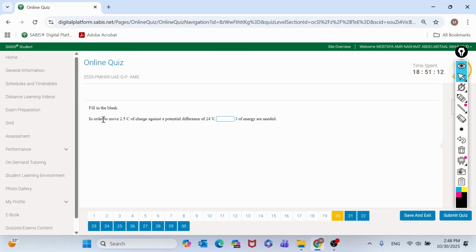In order to move 2.5 coulombs of charge against the potential difference of 24 volts, guys, again, voltage equals energy over charge. So 24 equals x over 2.5.